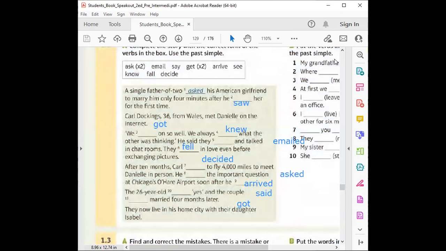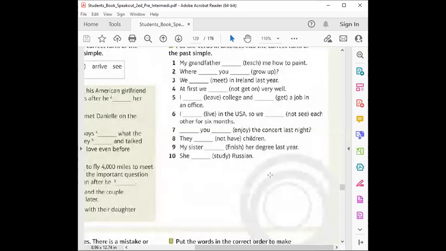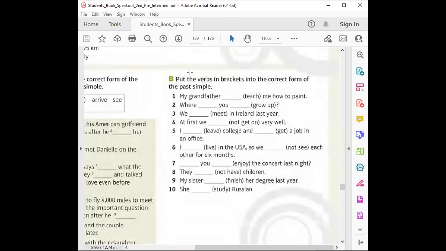Okay, now it's time to go. So have you noticed how we use the verbs here? We use them all in the past tense, either regular or irregular verbs. Now it's time to go to question B, and I want you to put the verbs in brackets into the correct form of the past simple.